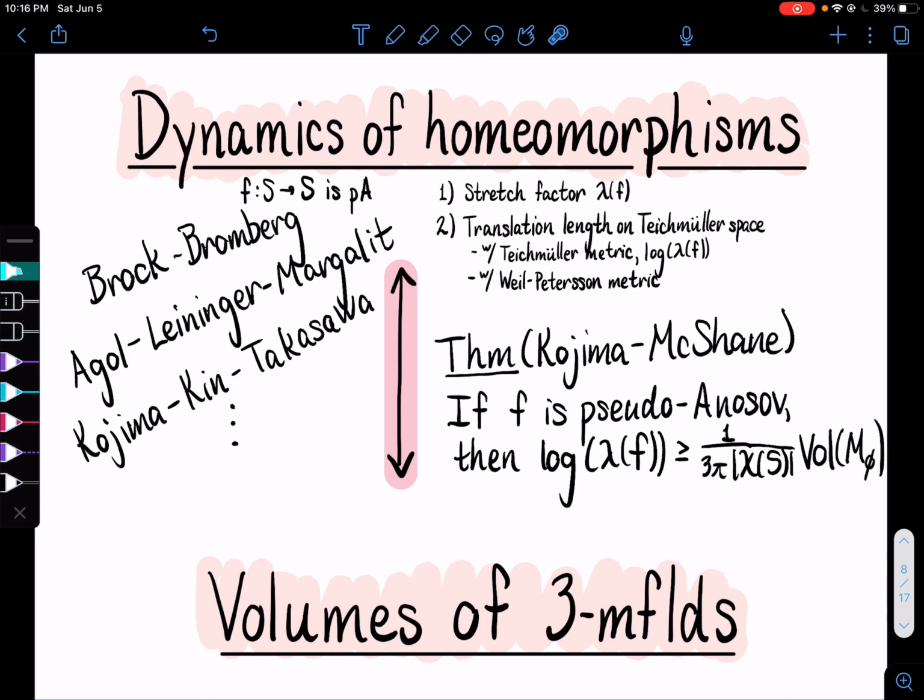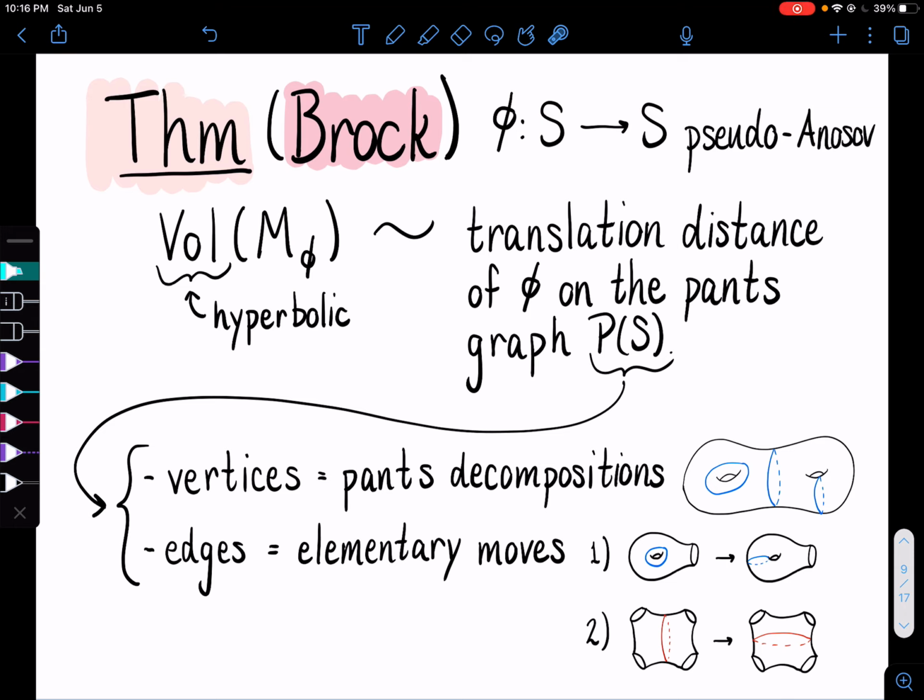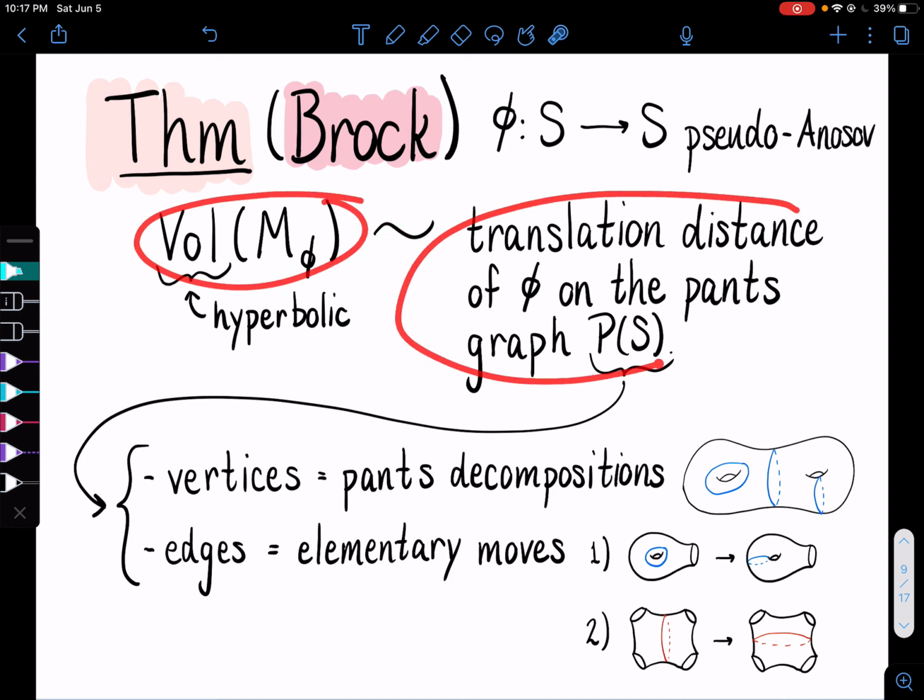Okay, so in particular, I also want to highlight this result of Jeff Brock, which gives us a way of relating, for some pseudo-Anosov phi, the volume of my mapping torus with the translation distance on the pants graph. Okay, so here, this tilde just means that, in fact, Jeff showed that these two quantities are comparable.